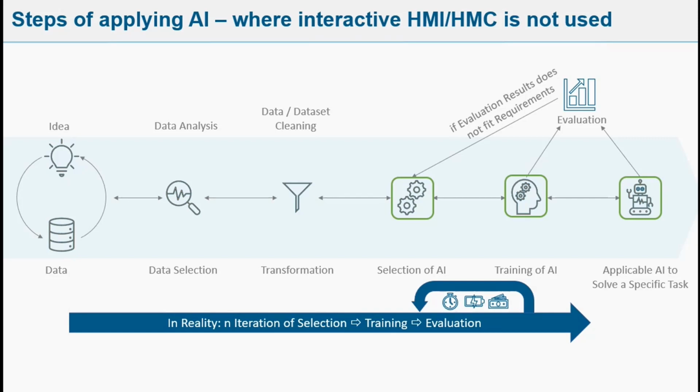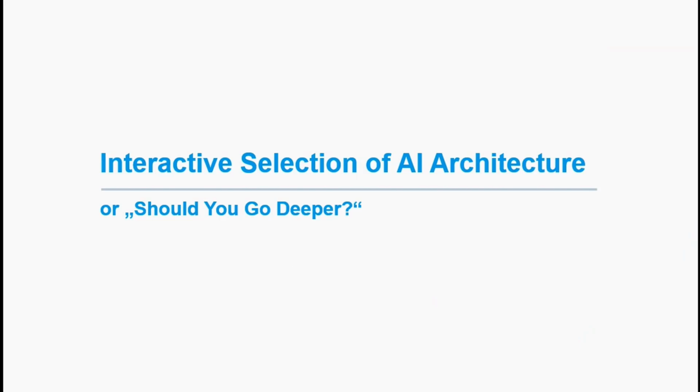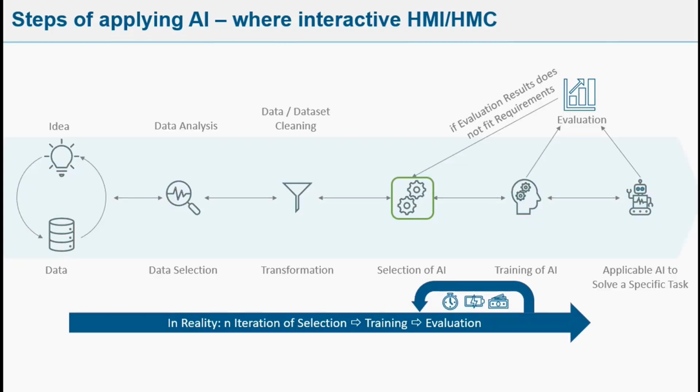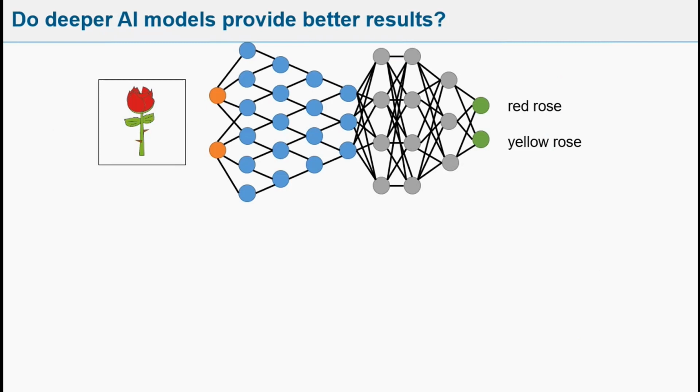And the first question we ask ourselves: how can we interactively select the AI architecture, or how deep should I go, or should I go deeper with my neural network? Therefore, we are at the selection of the AI, and we're asking ourselves, do deeper AI models provide better results? For the task of image classification, right now we are talking about ResNet 50, ResNet 101, and even deeper.